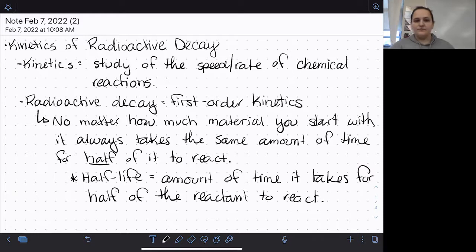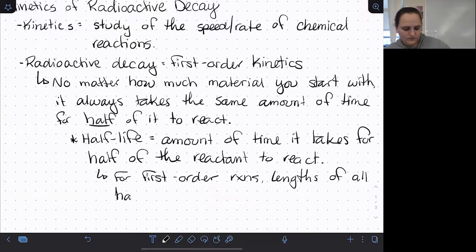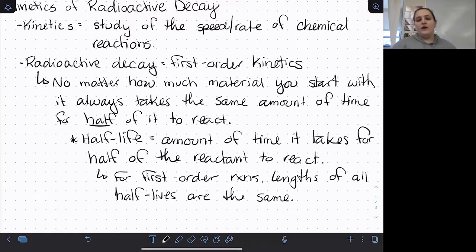And so what we're saying here is that for first order reactions, the length of a half-life is constant, or the length of all half-lives are the same. And they're independent of how much material you're starting with.